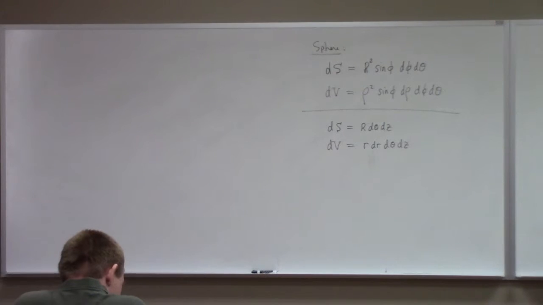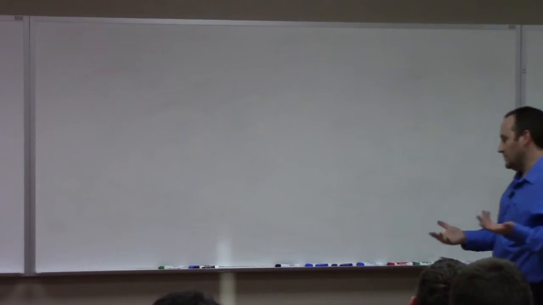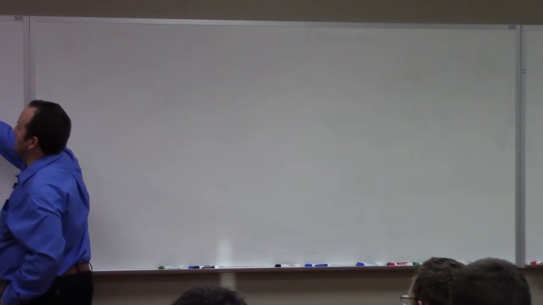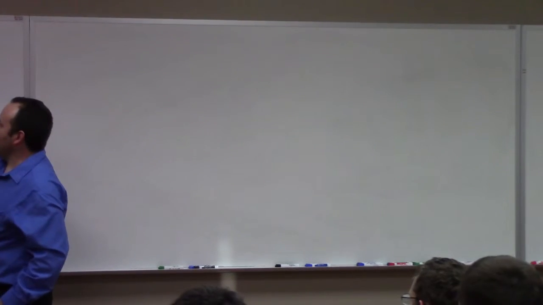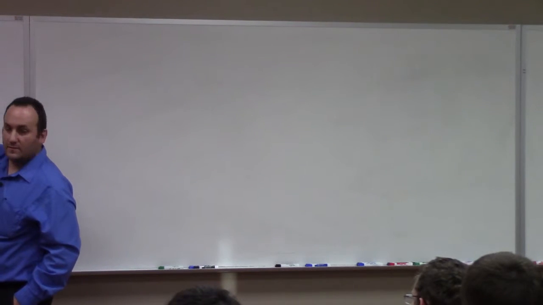Let's see here. Based on Luke's hunch that there is some pattern, let's see if we can see what the pattern is and guess from our conjecture what the surface area element should be for something else based on spherical coordinates. How about a cone? So it looks like what we did to get from here to here was to freeze rho to be r and to drop the d rho.